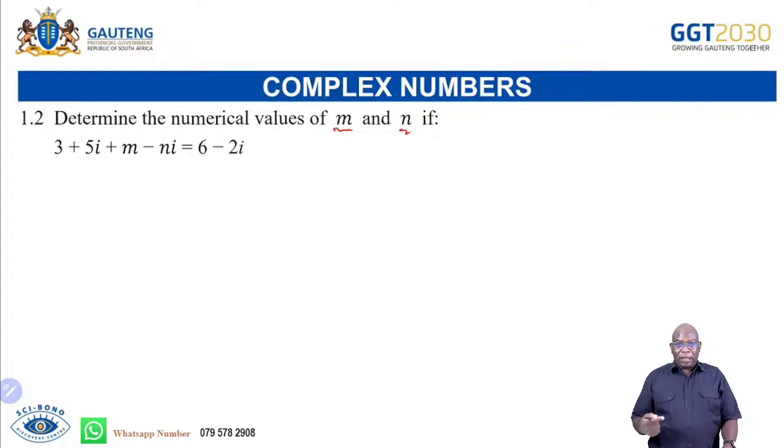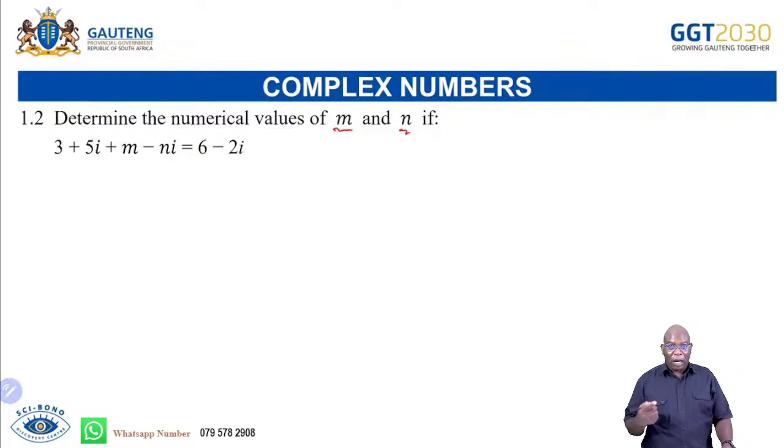So in this case, it is a simultaneous equation, but in one line. Remember, when we do simultaneous equations, mostly we have two equations, but in this one, we're having only one equation.